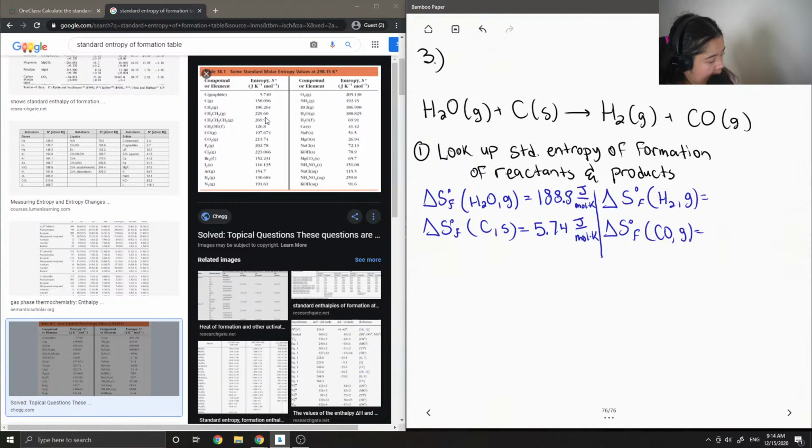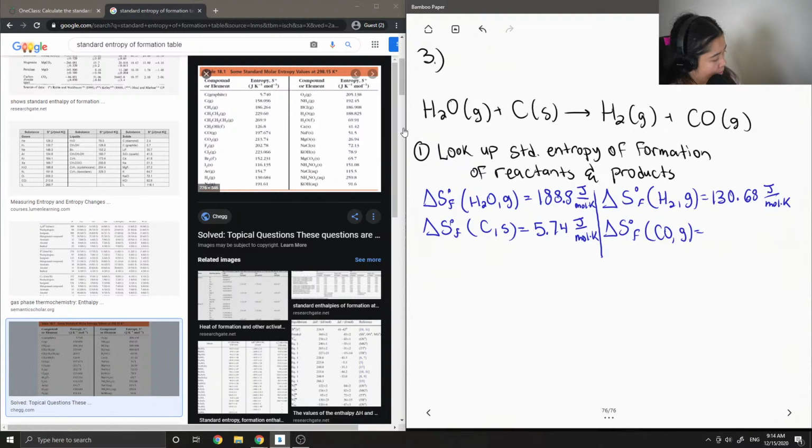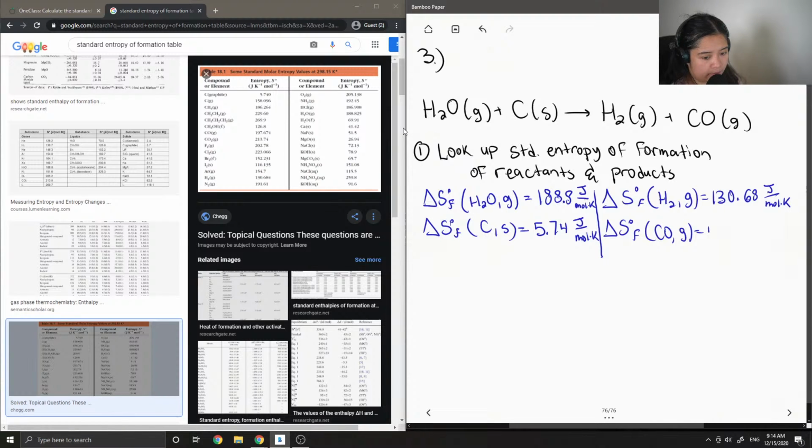Hydrogen gas, 130.68 joules over mole times Kelvin. And then carbon monoxide, it's right here. So 197.67 joules over mole times Kelvin.